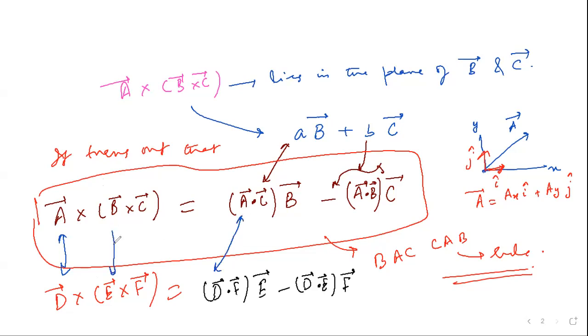B is replaced by E, and C is replaced by F. So A is replaced by D, B is replaced by E, and C is replaced by F, right? So whenever you have this kind of triple product, you use this property to simplify your calculation, right? So this is called the BAC-CAB rule.